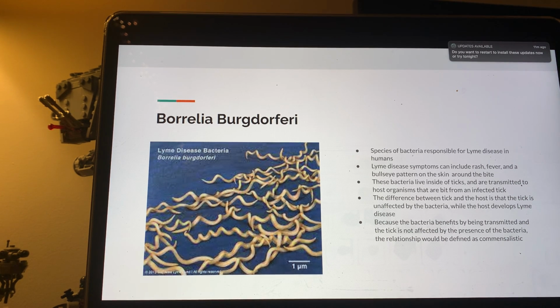They're getting into a whole new environment, a whole new place to grow, reproduce, and all that. They're benefiting tremendously, whereas the tick isn't benefiting. Ticks don't get better reproductive advantages by infecting organisms with Lyme disease, but they also don't get affected by the Lyme disease, so that would be classified as a commensalistic relationship.